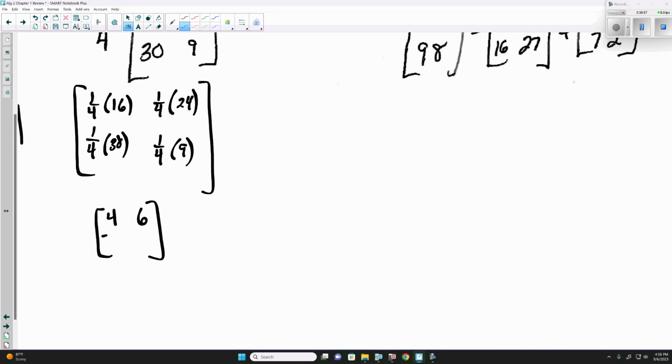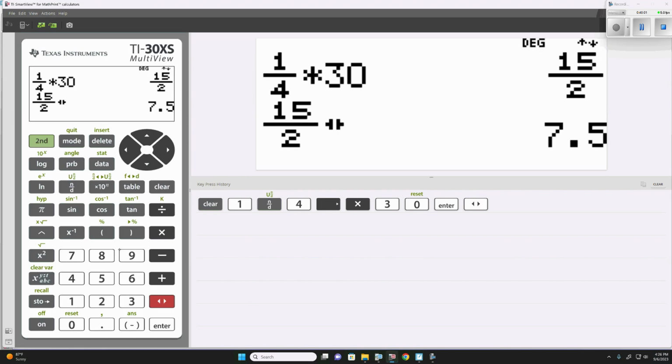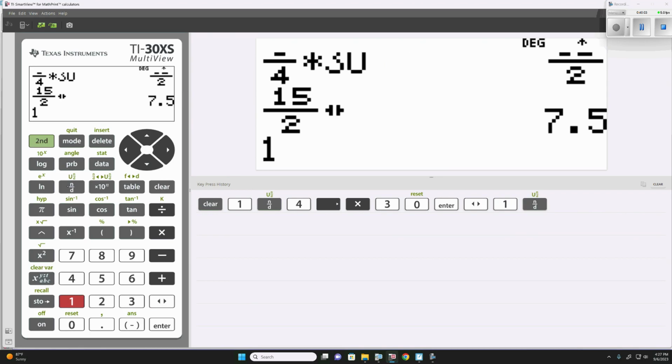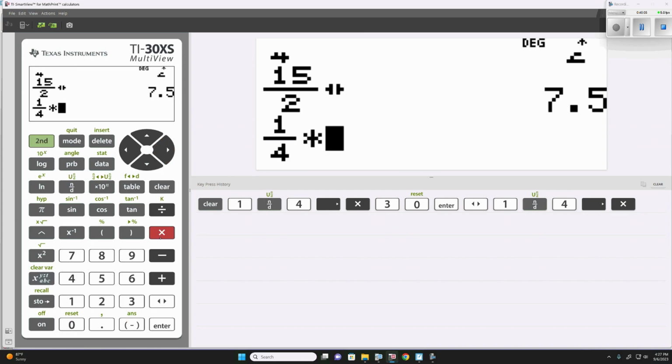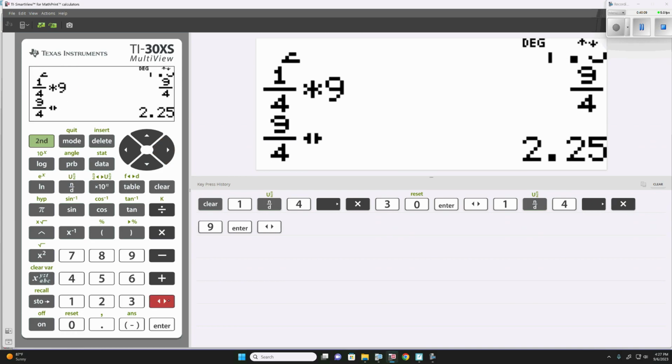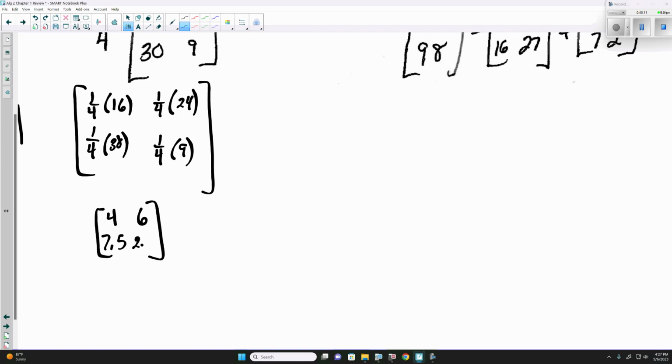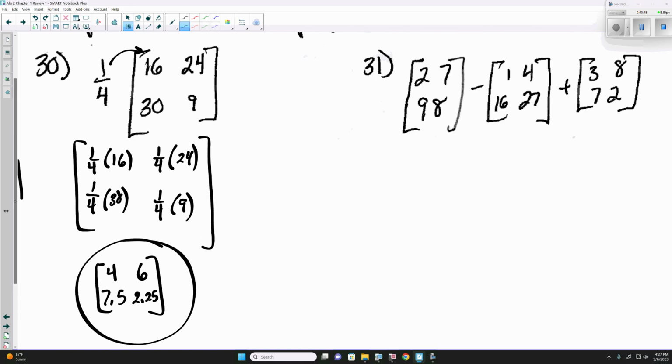Either works. So we could say 7.5 or 15/2. And lastly, 1/4 times 9 is 9/4 or 2.25. And if you make one of them into a fraction, you need to make them all into a fraction.